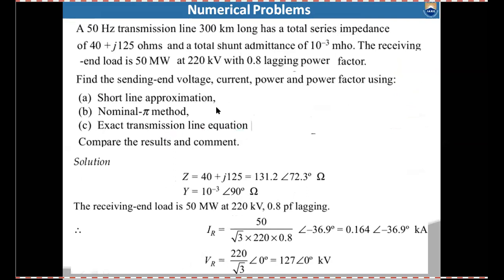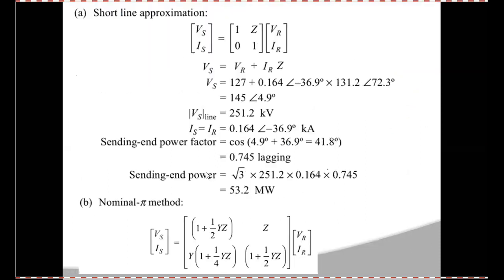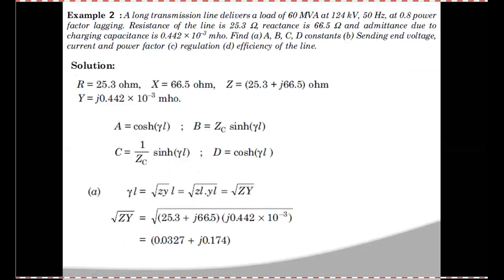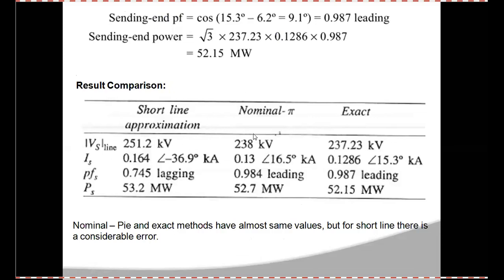Now if you observe the solutions for all these three methods and tabulate those values, you can write like this. For short line approximation, the sending end line voltage you are getting is 251.2 kilovolts, for nominal pi method it is 238 kilovolts, and for exact solution 237.23 kilovolts.